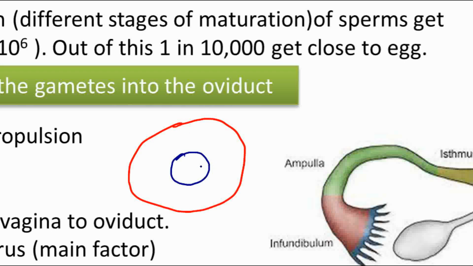A mature ovum is encircled by a peculiar type of cell layer. It is wrapped by a special layer of cells. Those cells are called cumulus cells.